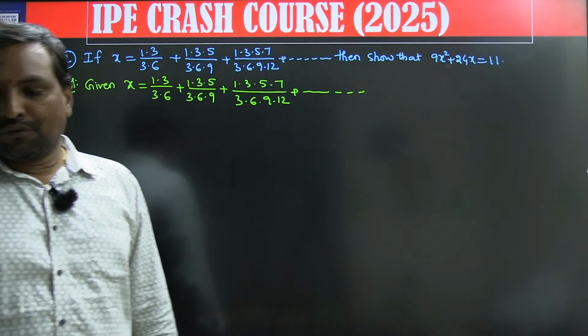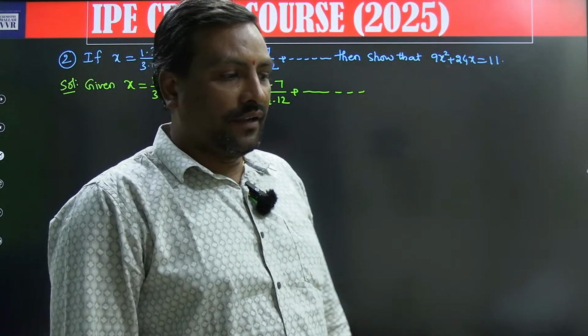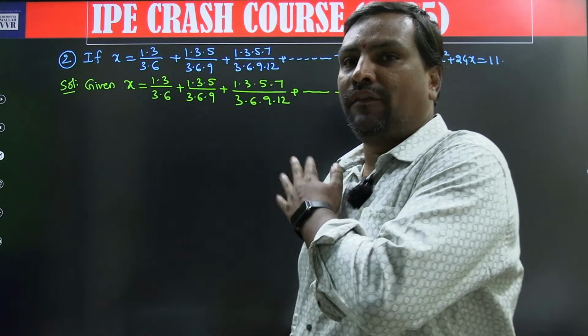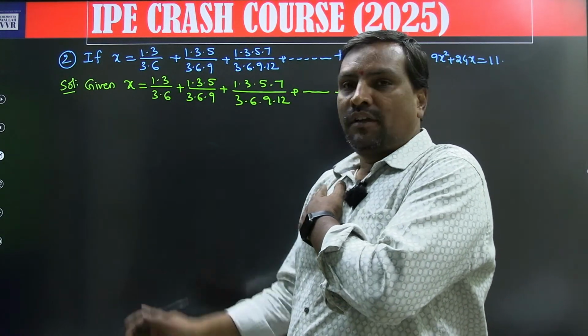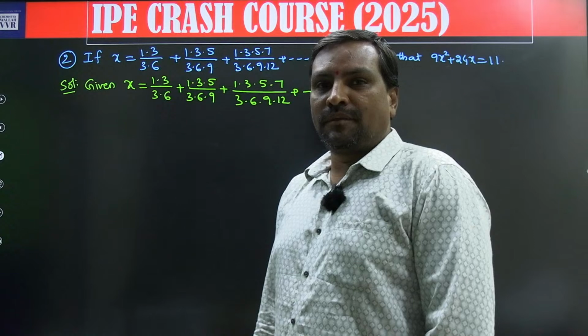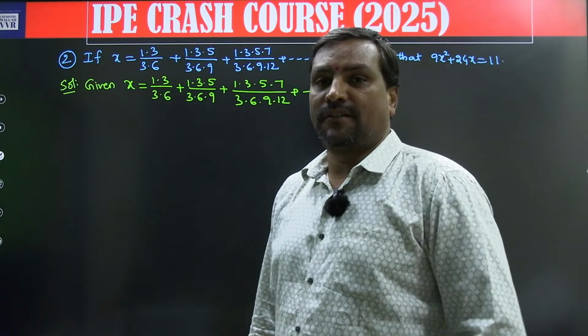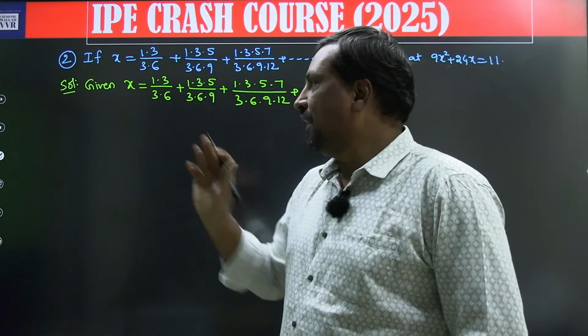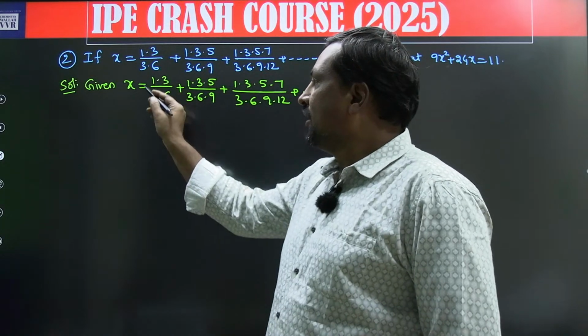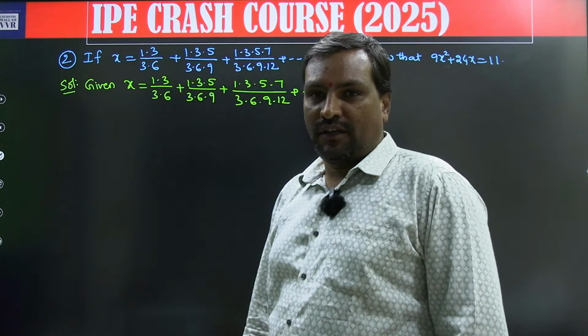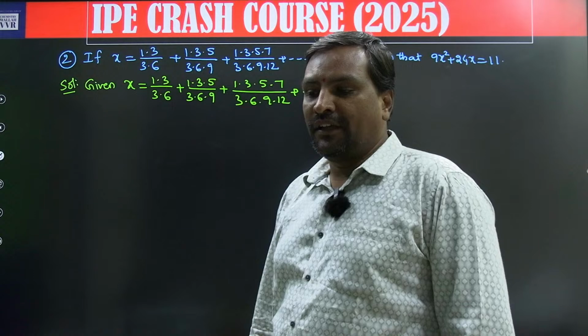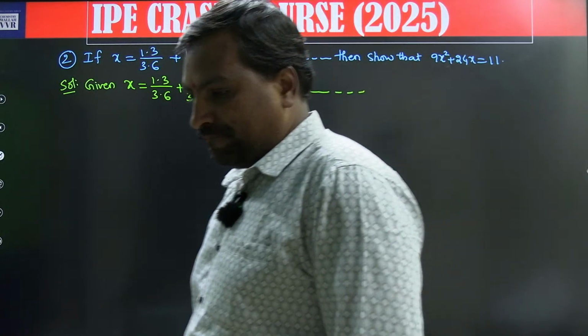Here also we are not having the 1. Here also two terms are missing. One is 1 and also the first term, 1/3. First term is 1/3.